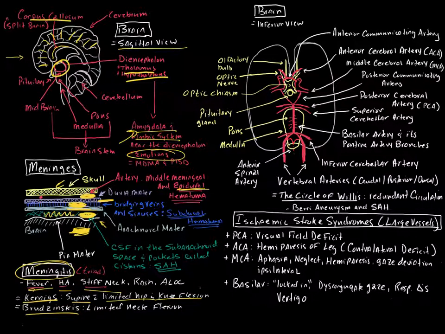Okay, I am going to stop here because when we talk about the circle of Willis, the circulation of the brain, and stroke syndromes, that's a very detailed discussion, and we need to be fresh when we do that. So I'll either talk about that after we finish scenarios this afternoon, or on Monday. We'll see where we're at.